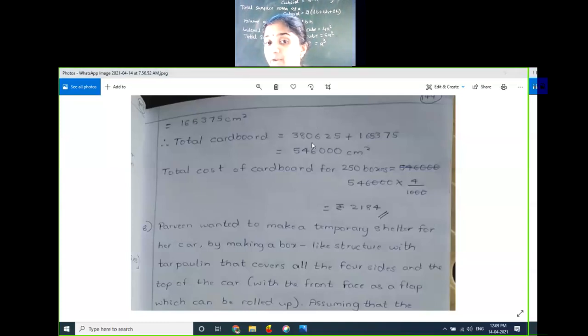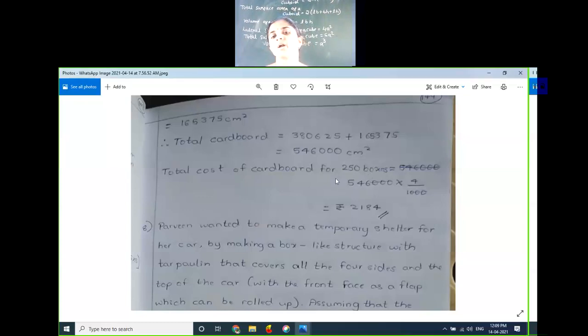So how to find out the total cardboard required? Yes, we have to add both the measurements. 3,80,625 centimeters square plus 1,65,375, that is 5,46,000 centimeters square cardboard required.